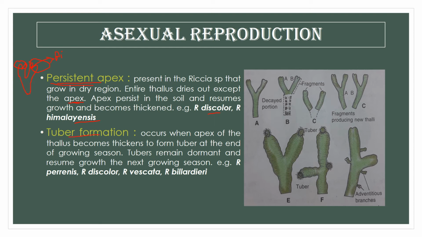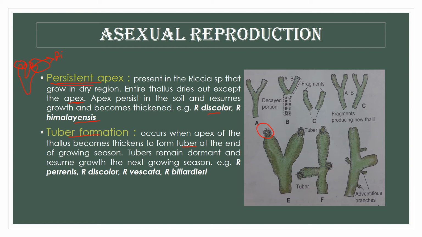Then there is tuber formation. Tuber formation occurs in a lot of Riccia species, where at the tip of the apex a bulbous growth is seen, and that is called a tuber. The tuber is formed at the end of the growing season, when the moisture starts to reduce.